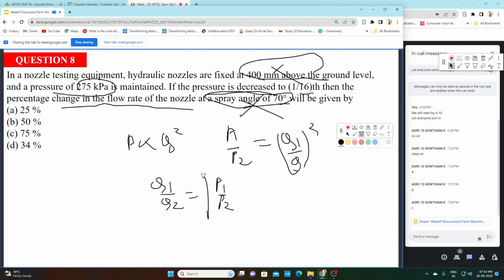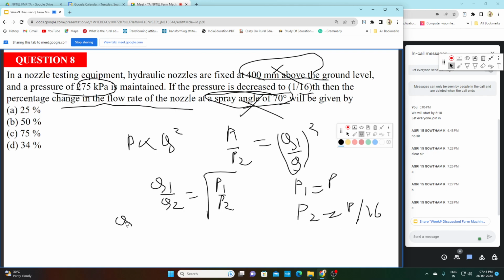Now here it has been told that the pressure is decreased to 1 by 16, so let P1 be P and P2 be P by 16.